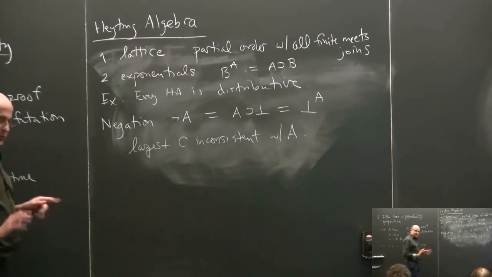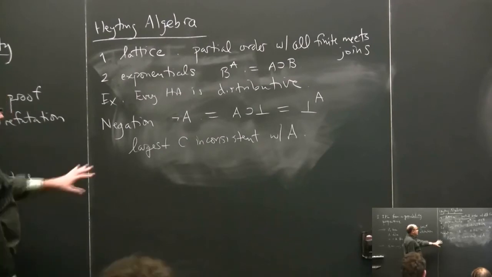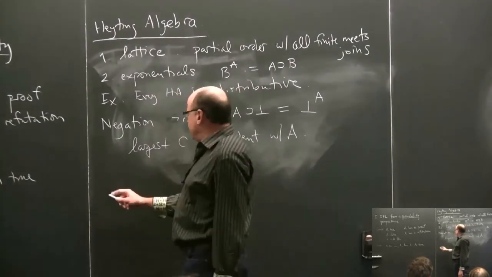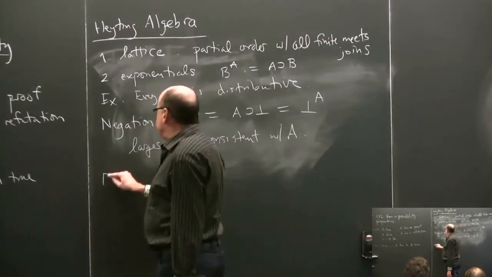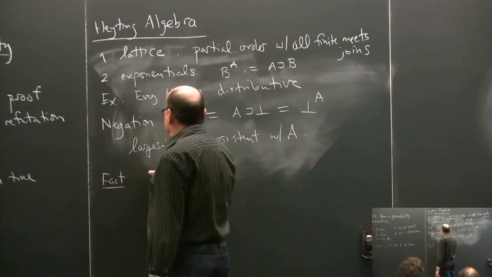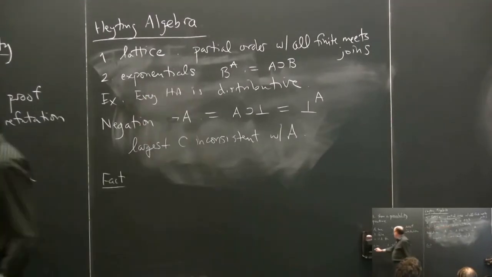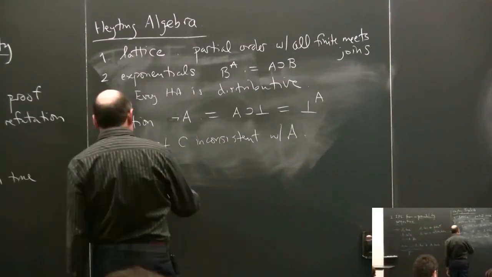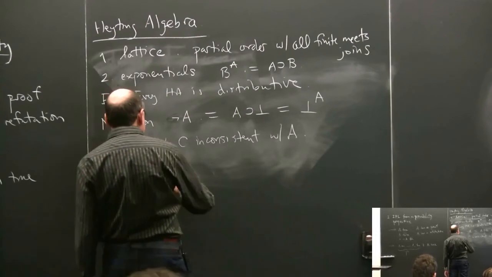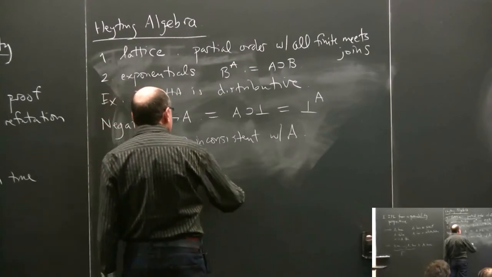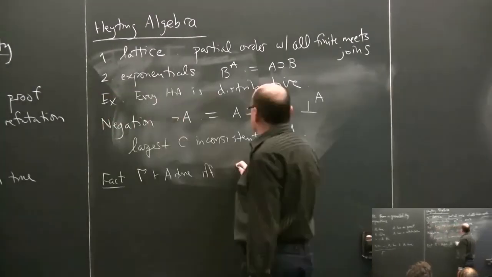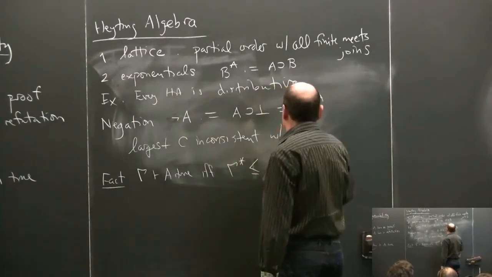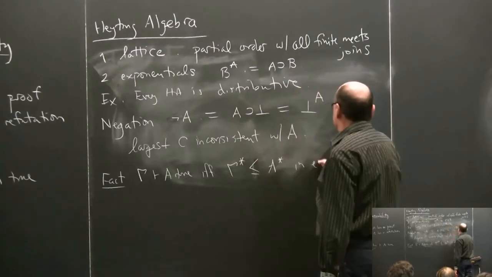So we're going to play around with this. That's why I want to revise it. We got to the notion of a Heyting algebra. And then I mentioned on the Piazza that in IPL, using this notation, which is invariably written gamma, I can prove that gamma gives me A true if and only if, in a suitable sense, and I'll just write star for lack of imagination, the conjunction of gamma star is less than A star in every Heyting algebra.